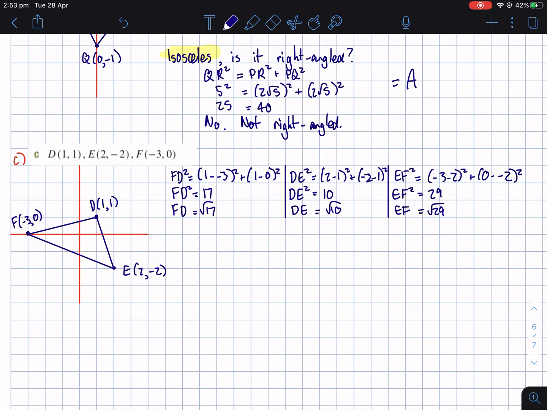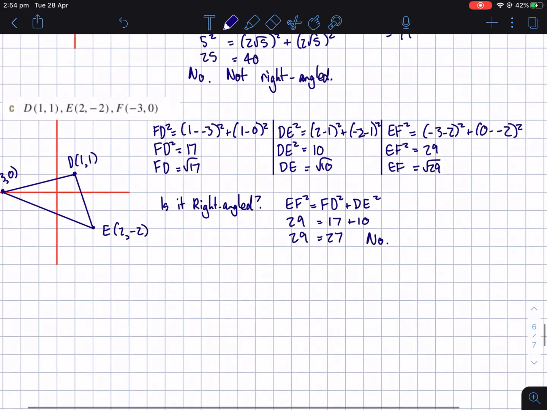Okay, well, it's definitely not isosceles or equilateral, so let's see if is it right angled? Let's see, the longest one is EF, so it's going to have to be EF squared equals FD squared plus DE squared. So that's saying 29 equals 17 plus 10. 29 equals 27. No. So this triangle is nothing.